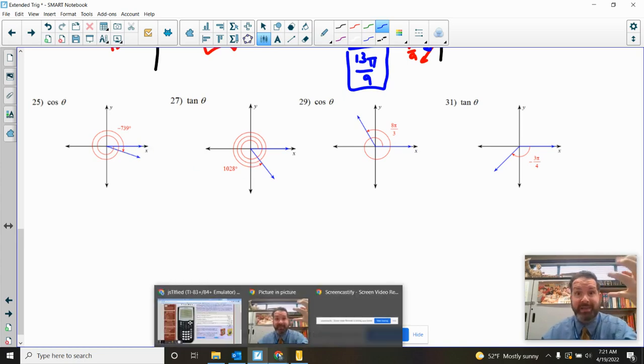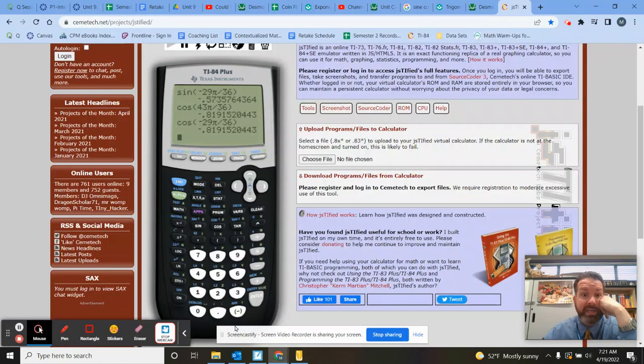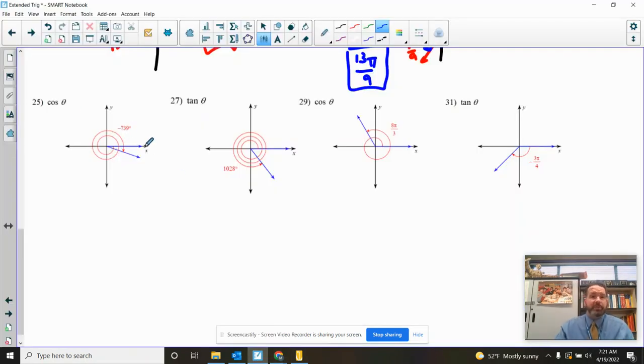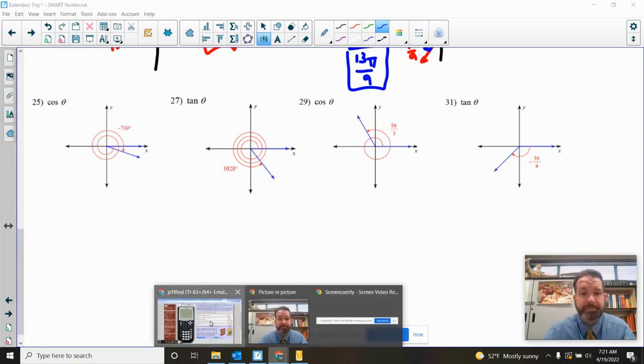Now, if you're using the handheld calculator, I'm going to show you how I keep my radian and degrees straight. And that is, I just keep my calculator in radian all the time. And when I want an angle, I put in the angle symbol. Here's what I mean. For the first one, I want cosine of negative 739 degrees.